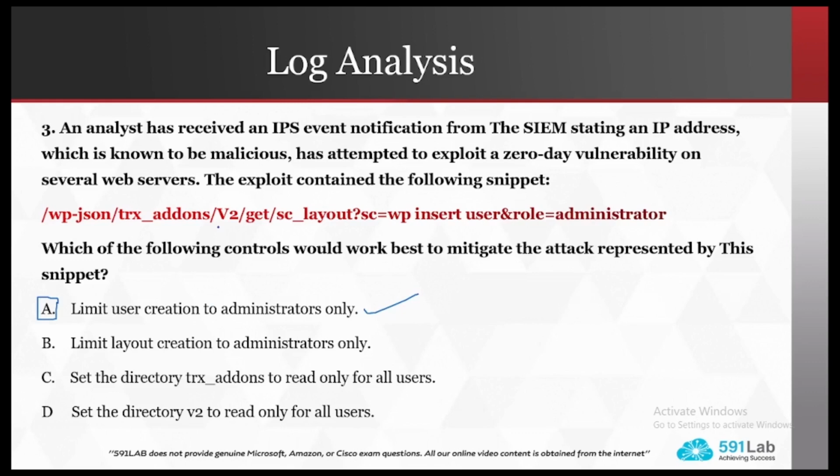So the control is effective, since by restricting user creation to administrator only, we will prevent an unauthorized user, including a potential attacker, from exploiting the vulnerability to create a new account, even if it allows some level of interaction. So this significantly reduces the attack surface or potential damage.